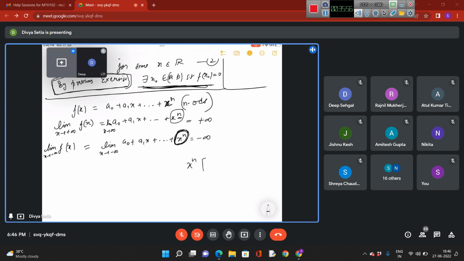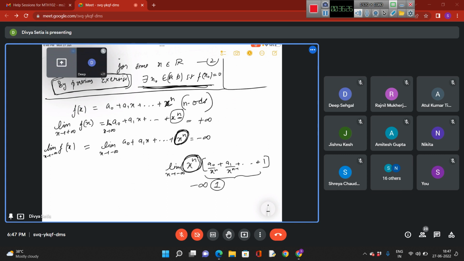Because you can make x^n common, and then it becomes a polynomial in 1/x. Now the limit as x tends to minus infinity: all of these other terms will just go to 0, so the limit will be 1. But here, it's an odd degree, so the limit is minus infinity.